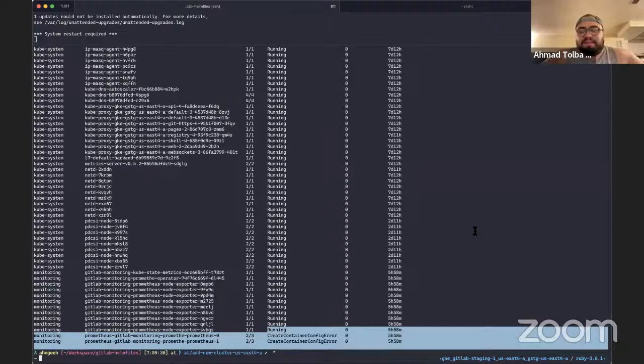Actually, this endpoint is accessible through GitLab runners, the ops runner from the ops instance. And because we have VPC peering with most of the clusters, including this cluster, it should be working, but it's not working. Maybe there are some firewall issues.